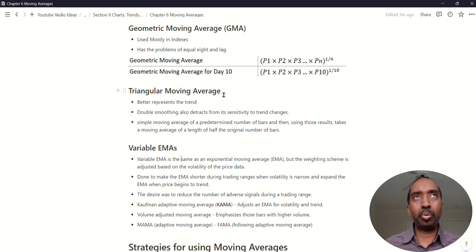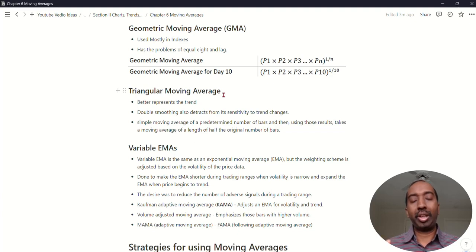This is similar to simple moving average, but once we calculate simple moving average, we'll perform another simple moving average on top of the existing simple moving average. For example, if we calculate 10-day simple moving average for day 1 to day 10, then in addition to the closing price for day 1 to day 10, we'll have simple moving average for those as well.